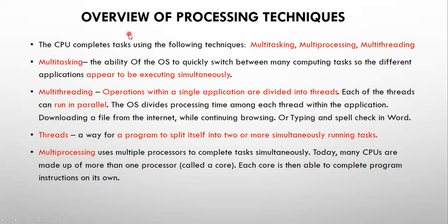The next concept now is an overview of processing techniques. The CPU completes tasks using the following techniques: multitasking, multiprocessing, and multithreading. Multitasking is the ability of the operating system to quickly switch between many computing tasks, so the different applications appear to be executing simultaneously. So if you're running more than one application, multitasking allows the operating system to switch between tasks that need to be executed.